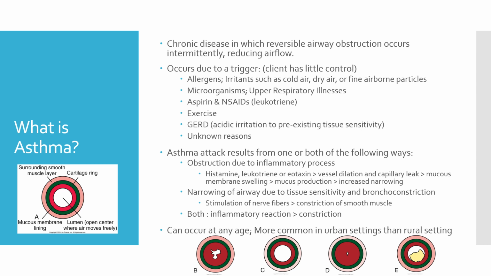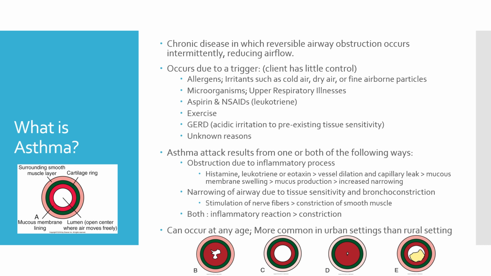And then in E, we have just some mucus stuck in there. And so when we have mucus on the lining, we also have an obstruction of the available airway tube. So we can't move our air as much. Now, as you can imagine, when we have a reduction of airflow, we're going to have difficulty breathing.